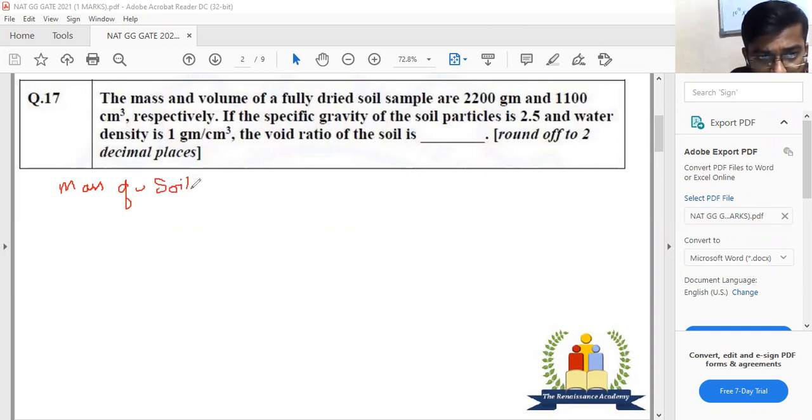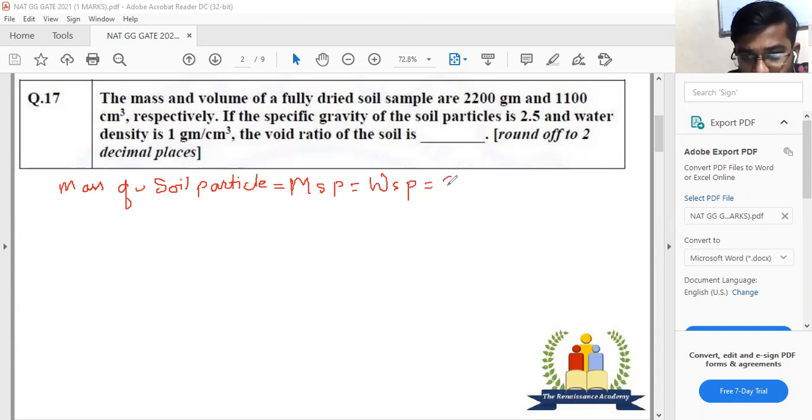Mass of soil particle, let's say MSP, is equal to, you can say WSP, weight of soil particle, is given. It is 2200 gram. Okay. Now you know total volume is given. Okay. So let's say VT, total volume is 1100 centimeter cube.